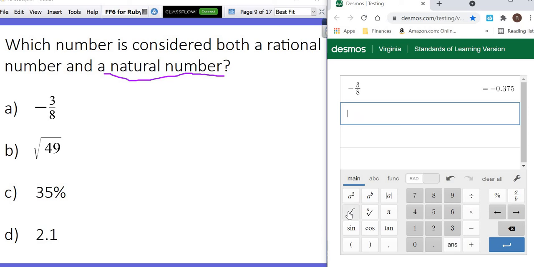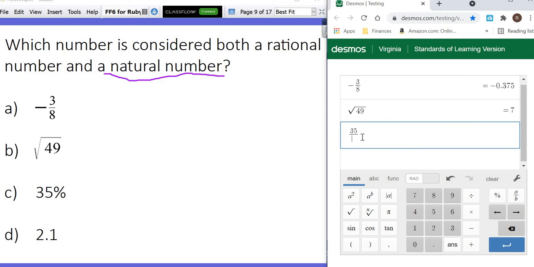Let's see, we have the square root of 49. And then we have 35%. Now, this is something different. When we change numbers to a percent, we multiply by 100. But when we want to change a number out of a percent into a regular number, we divide by 100.